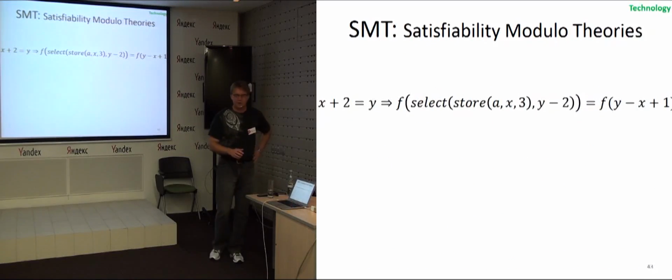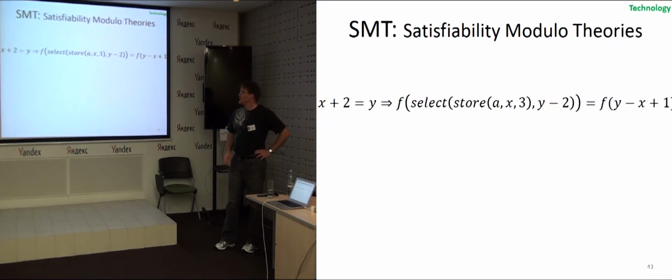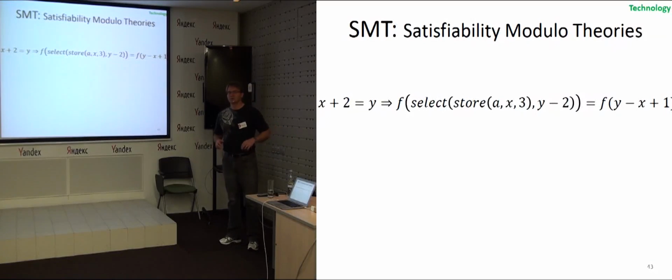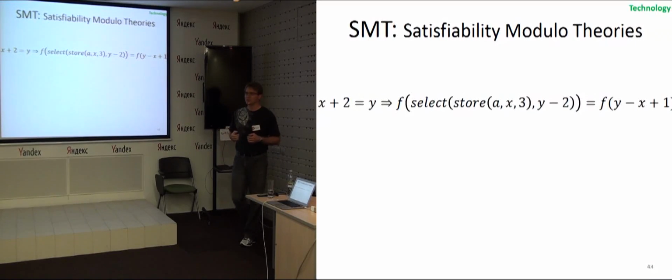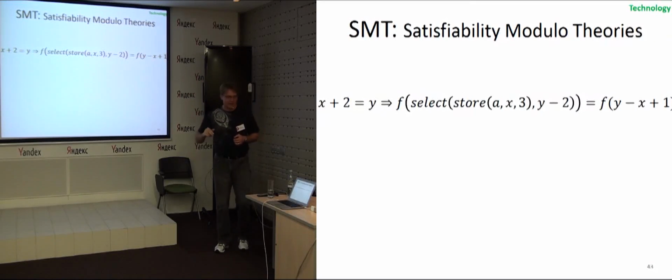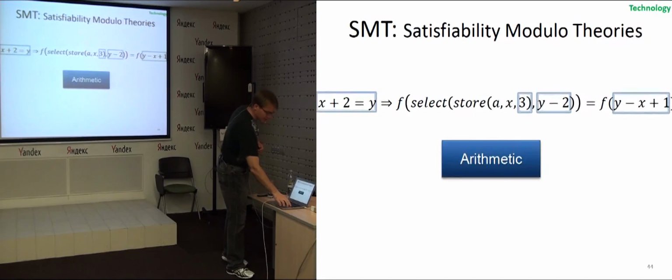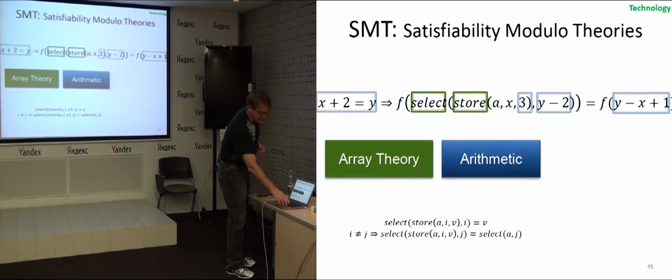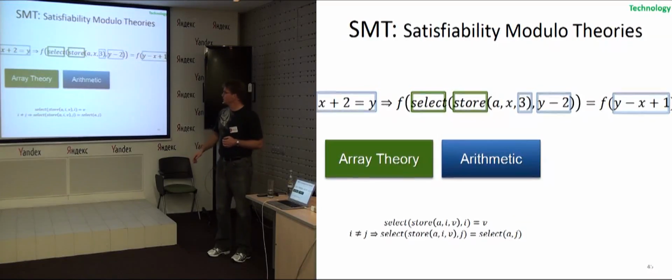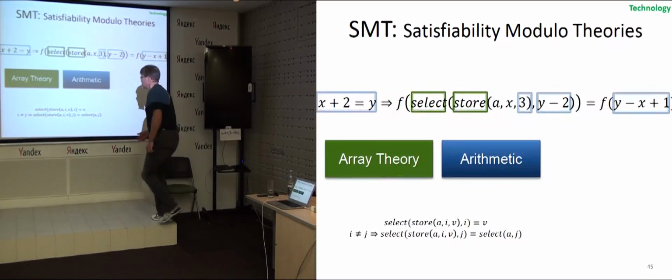Here's another, more involved example that illustrates the use of finding solutions for formulas that have a mixture of different components. So this uses addition, and it uses select and store, which are so-called McCarthy applicative maps, or McCarthy array theory, and a function symbol f. So it uses arithmetic here, and it uses the array theory, which gives meaning to select and store.